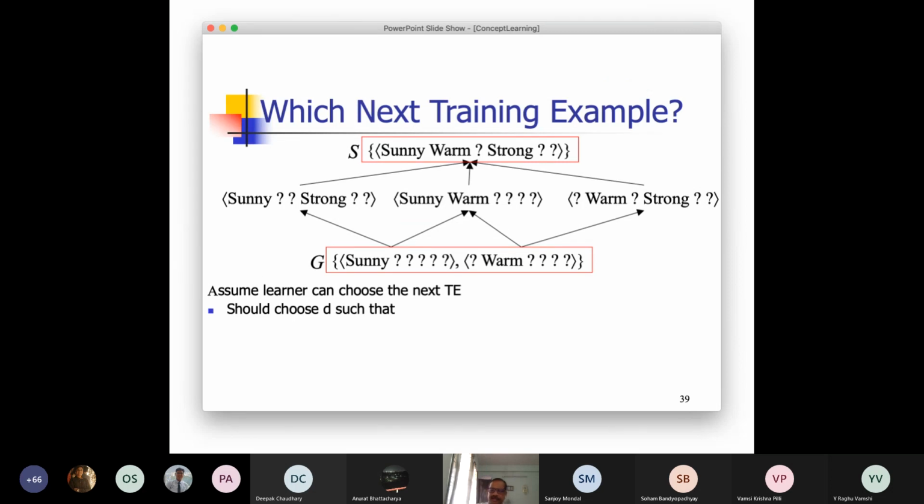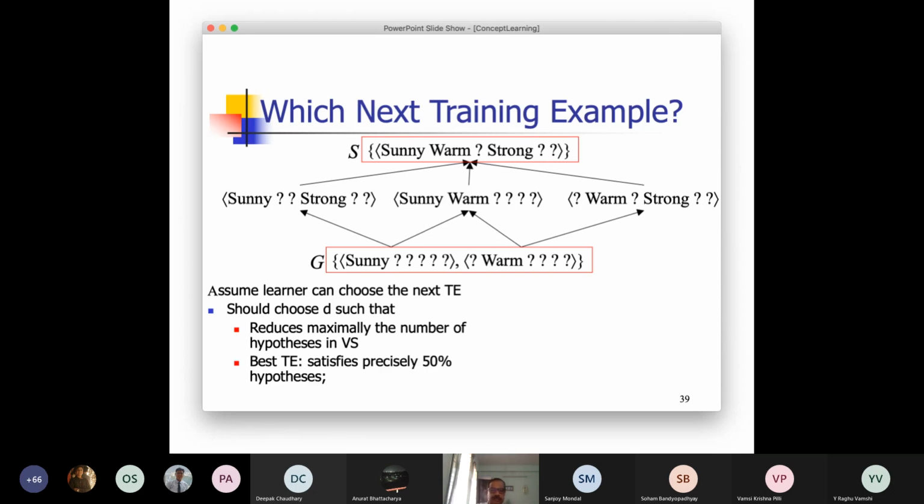Ideally, since you are narrowing down, if you can get some order by which every training example reduces the version space to half, that is, maximally reduces the number of hypotheses in the version space, then your convergence would be faster.